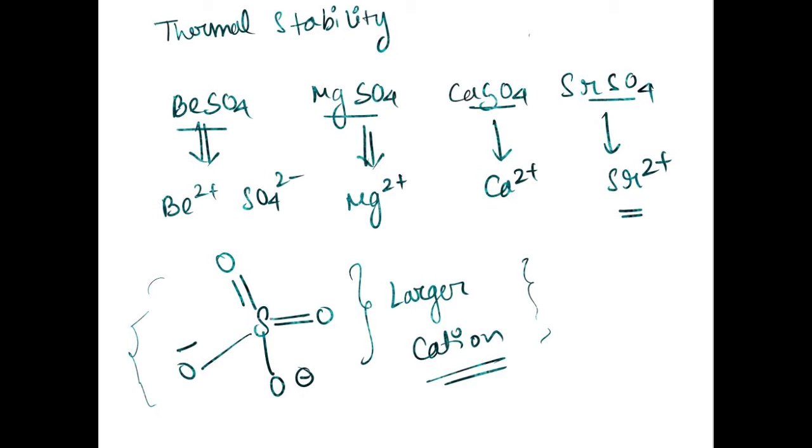That's why the stability trend will be beryllium sulfate, magnesium sulfate, calcium sulfate, strontium sulfate in increasing stability. As the question asks for decreasing stability, our answer will be strontium sulfate first, then calcium sulfate, then magnesium sulfate, and at the end beryllium sulfate.